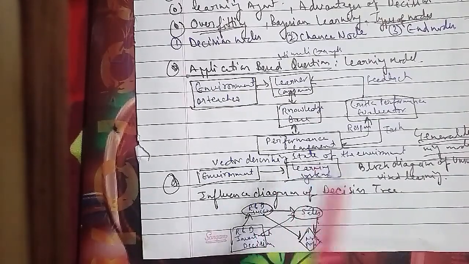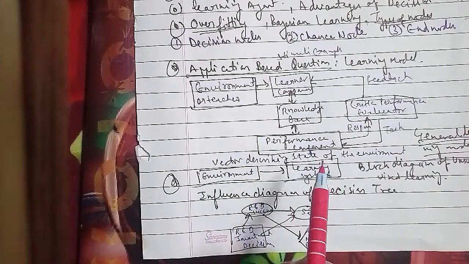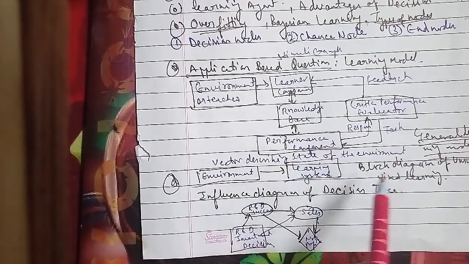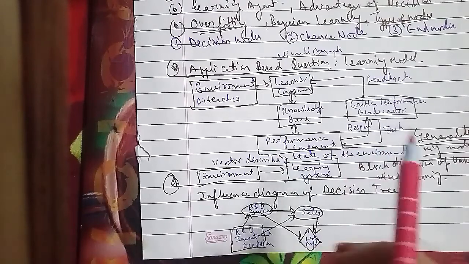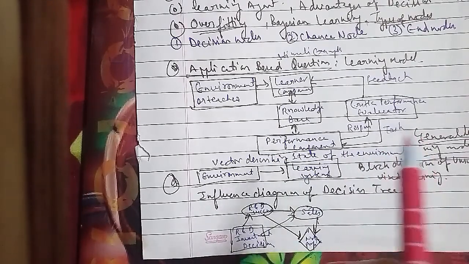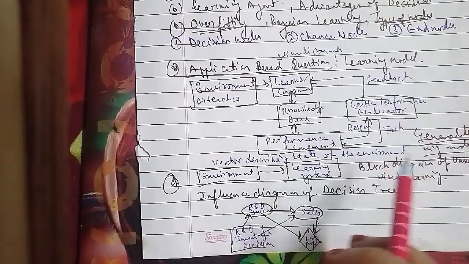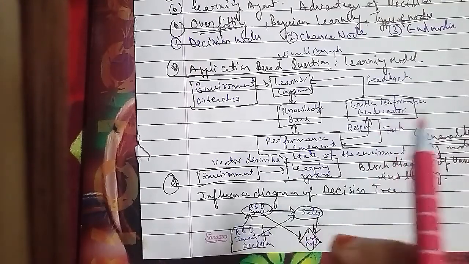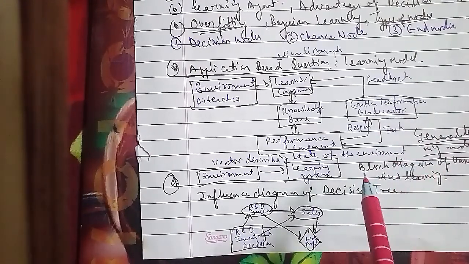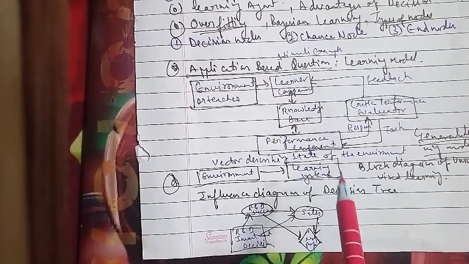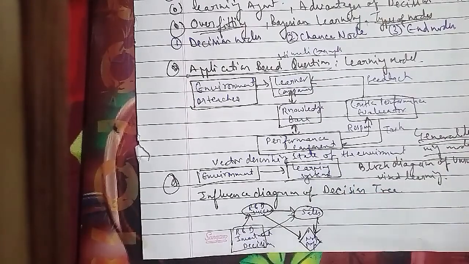Now we'll go ahead with another type of question, and that is the evaluation based question. In this evaluation based question, there are three questions that we'll discuss in this unit.